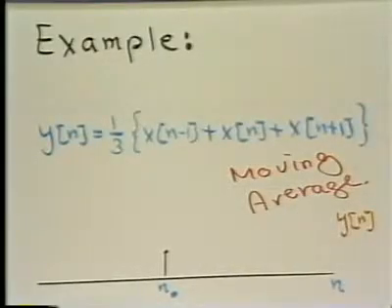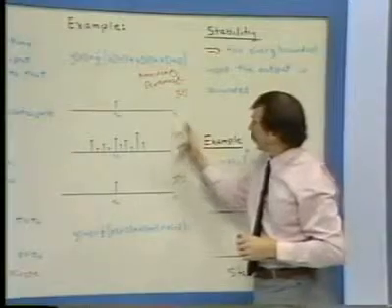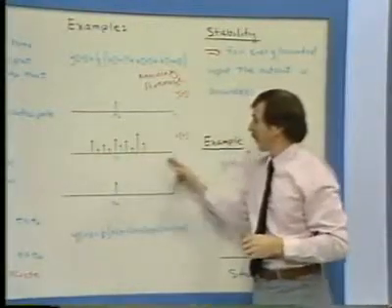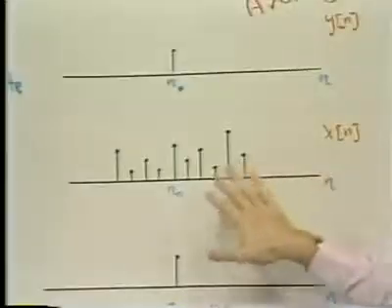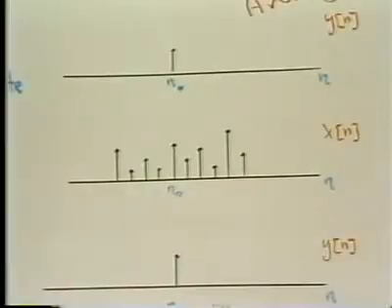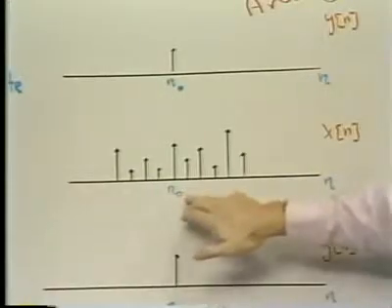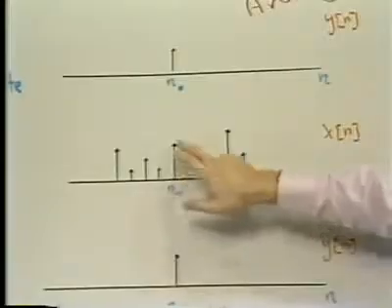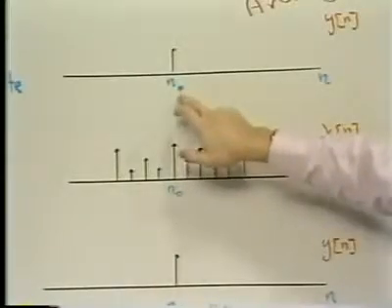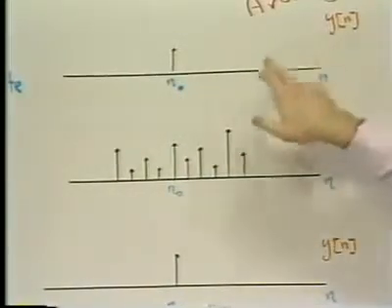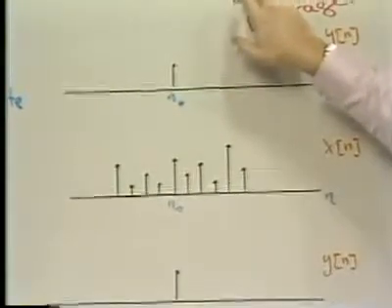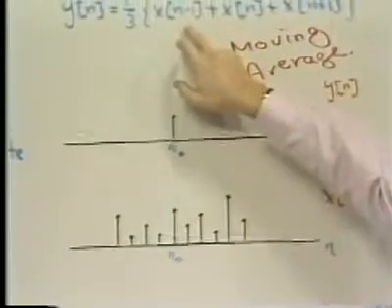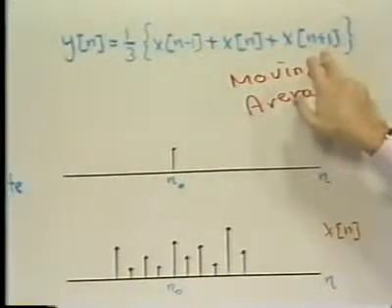And so if we think of a moving average, if we have here a sequence x of n, with other values going off in both directions, for any value n0 at which we're computing the output, y of n, we take x of n0, x of n0 minus 1, and x of n0 plus 1.